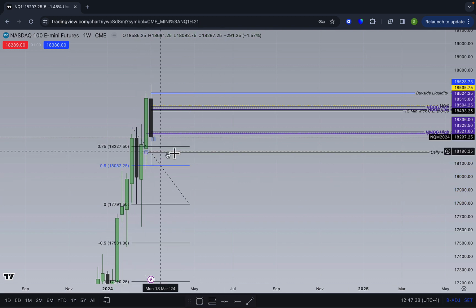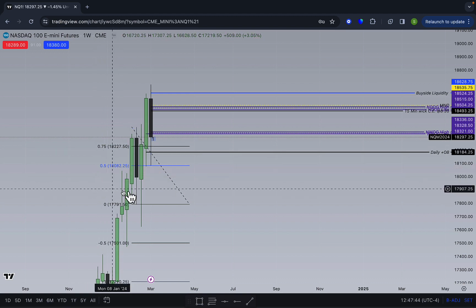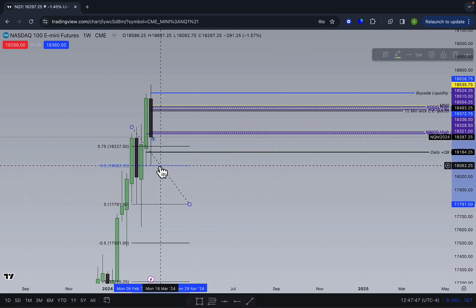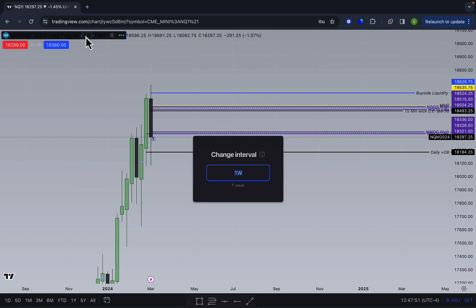You want to get all quadrants of that throughout the week. So it's 75%, 50%, 25% down here. You want to have those extended through. And on the weekly chart, okay, let's go back to the daily.